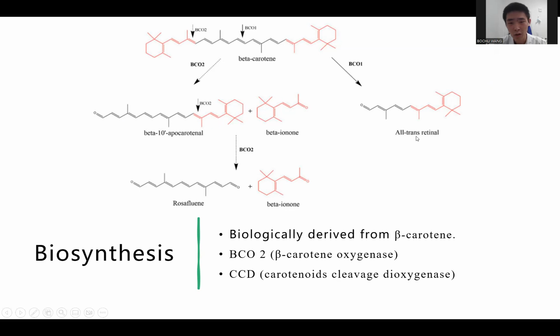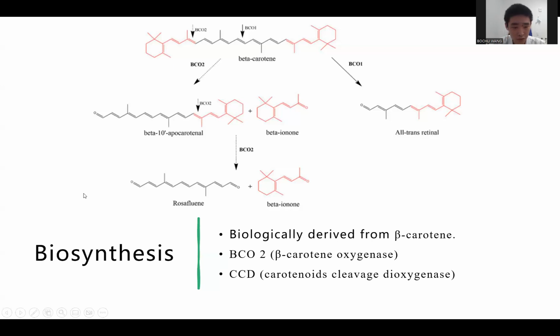From BCO1, you'll get retinal right here, and from retinal, it will get reduced into retinol, which is vitamin A. But from another biological pathway, beta carotene will be cleaved 2 times to get 2 moles of beta ionone from 1 mole of beta carotene, and also a side product of rosafluorin, which is a compound commonly found in roses.